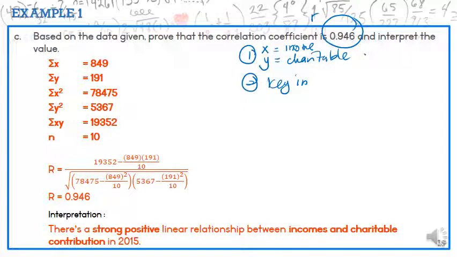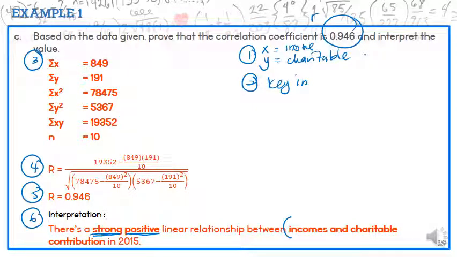Step 3, you must list all the summations dalam your answer paper, substitute dalam formula, and find the value of R. Last but not least, don't forget to interpret your R. Please make sure that dalam your interpretation, you have the strength of the relationship, the direction of the relationship, whether it's a positive or negative relationship, and between variable apa dengan variable apa.